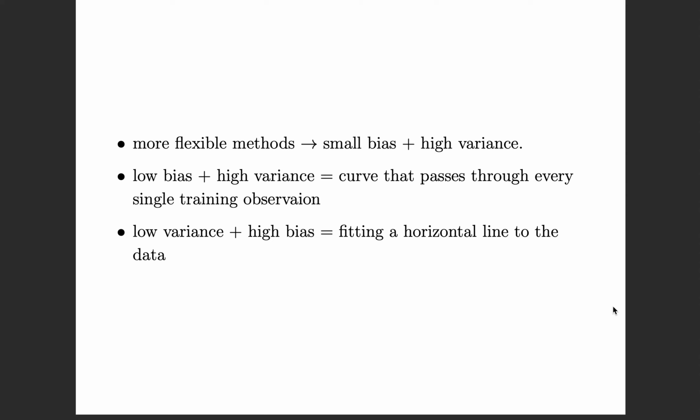So to summarize, flexible models lead to small bias, high variance. Simple models, like fitting a horizontal line to the data, or even linear regression, lead to low variance, high bias.